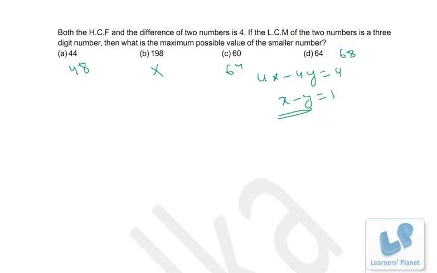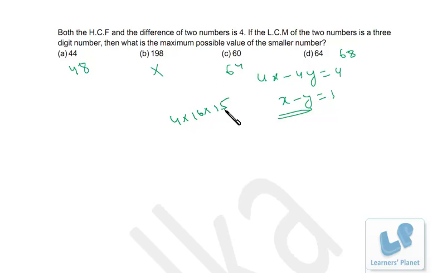Now out of these three, the LCM of the numbers should be a 3-digit number. LCM will be what? Suppose I have the numbers 60 and 64, then LCM will be 4 into 16 into 15, right? So by calculating this, I just find out the limits of the numbers, so I get the maximum 3-digit number.